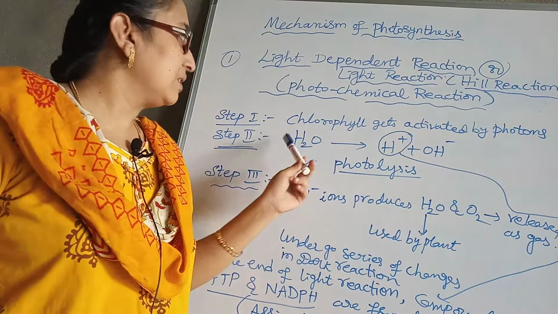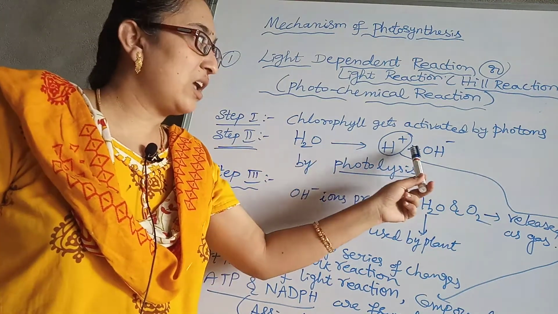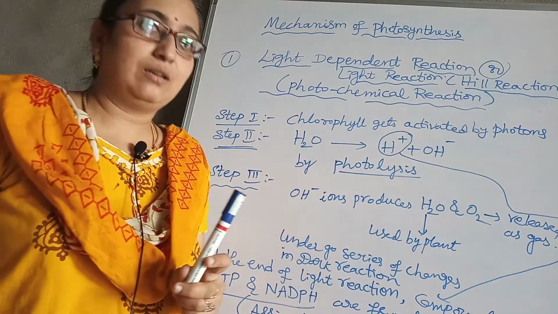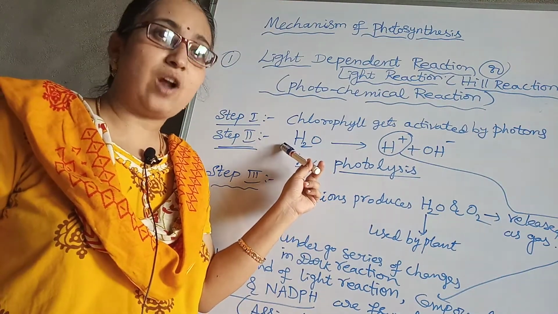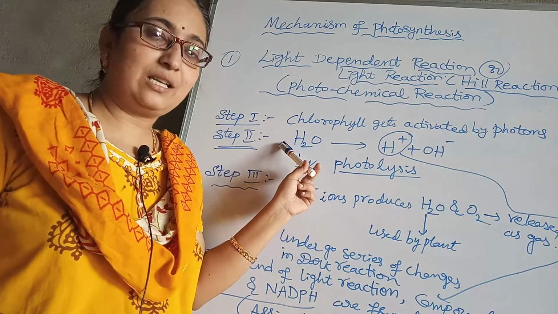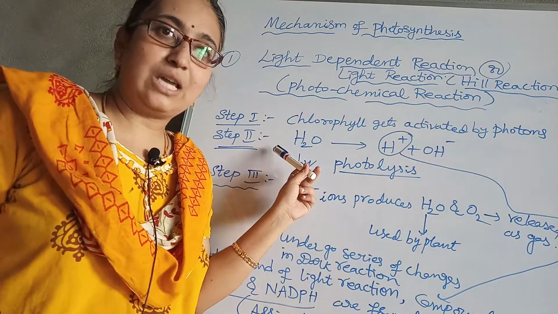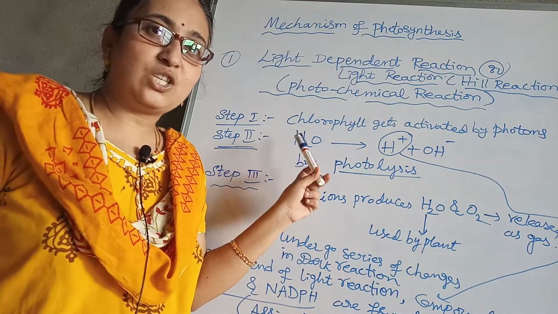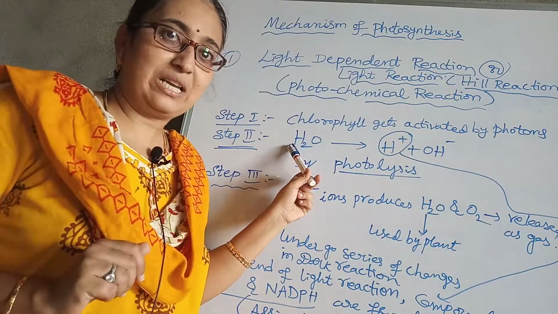The second step is that the water molecules will split into H plus ions and OH minus ions. Water is one of the raw materials in photosynthesis, right? You know the photosynthesis equation, CO2 plus H2O. So H2O, water, is also one of the raw materials.